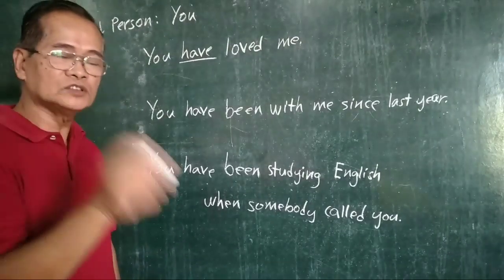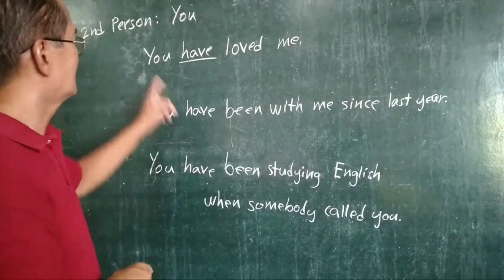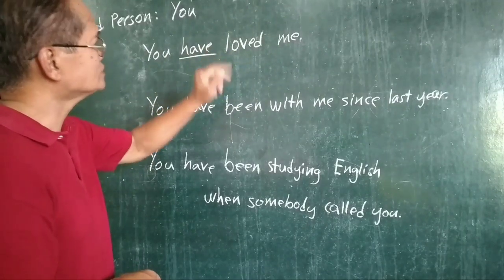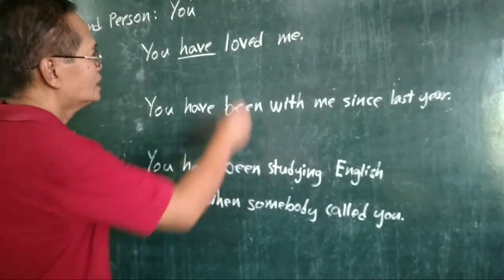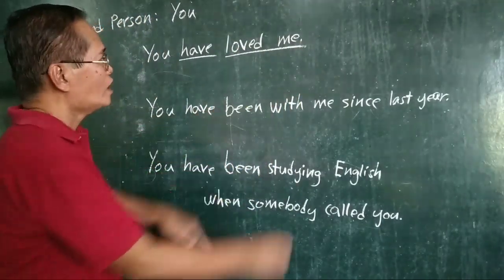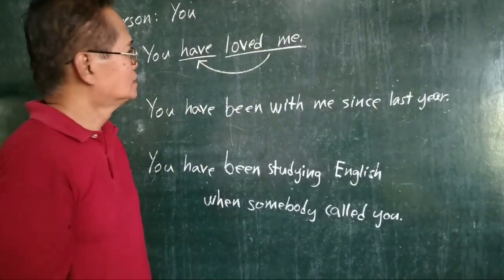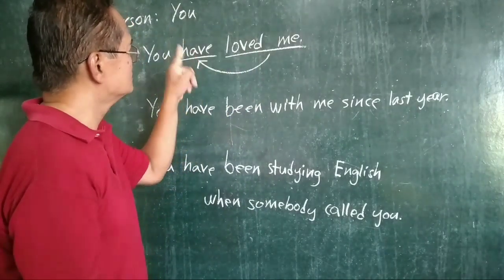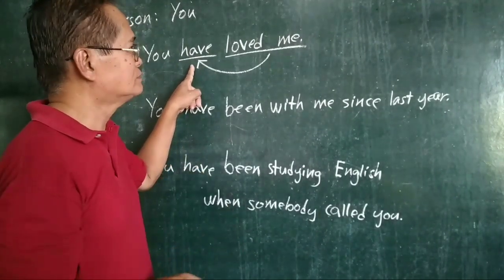If there is no answer to the question what, then we are going to ask the question who. Like this one. You have loved. You have what? The answer is love me. The phrase love me is the object of the verb have. So here, this is the object of the verb have, and have is functioning as a transitive verb.